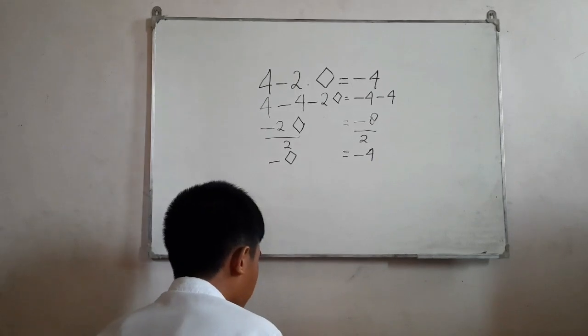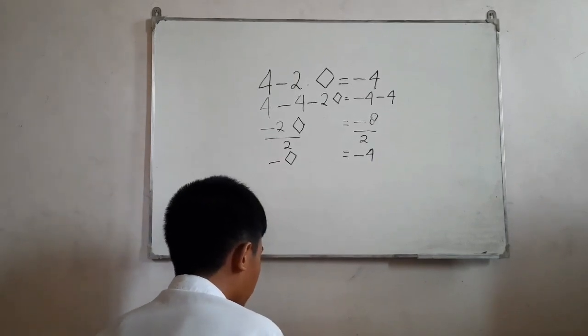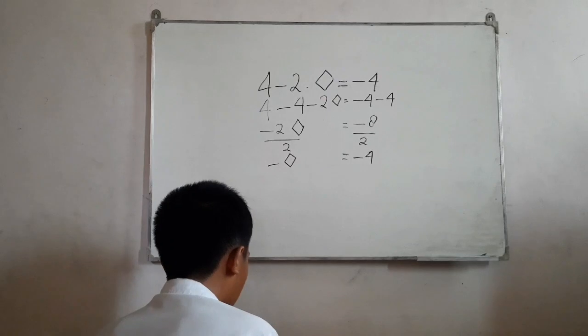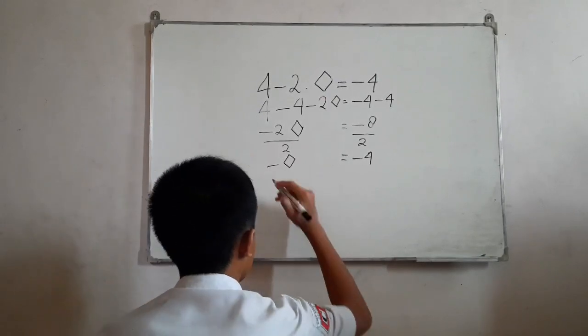But because we are looking for the value of the rhombus, we multiply by -1.